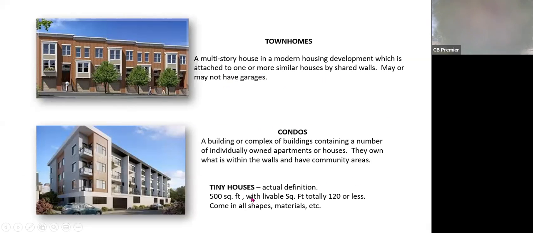They have airspace. And then, of course, I didn't put pictures of the tiny houses. In different areas across the country, it's being well received, and they're allowing communities of tiny houses to go up without a lot of flak. But the actual definition of a tiny house is 500 square feet, with 120 or less livable square feet.